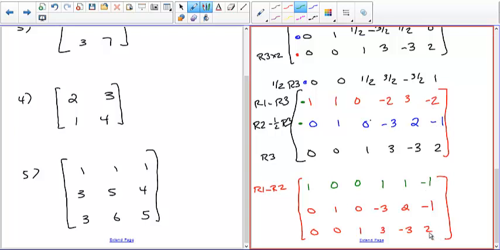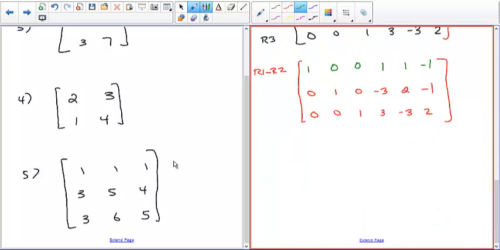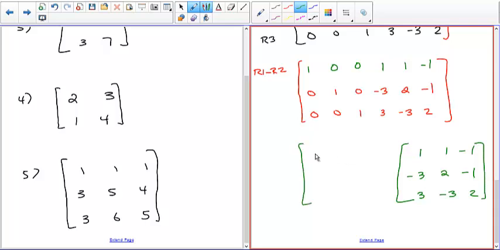So what it's saying is that the inverse matrix to this is going to be 1, 1, negative 1, negative 3, 2, negative 1, 3, negative 3, 2. And if we multiply that by the original matrix, which is 1, 1, 1, 3, 5, 4, 3, 6, 5.